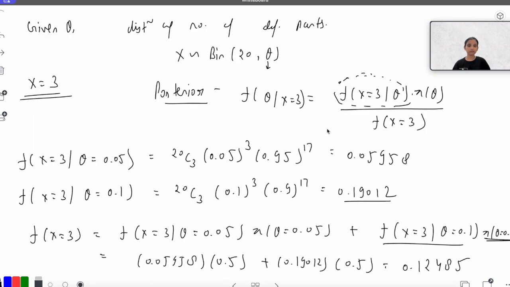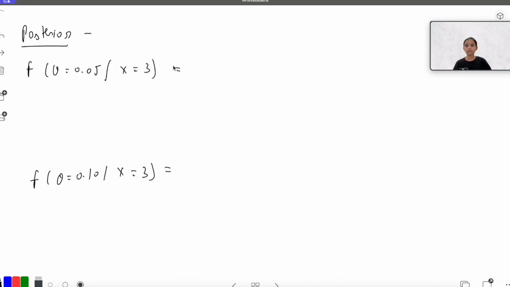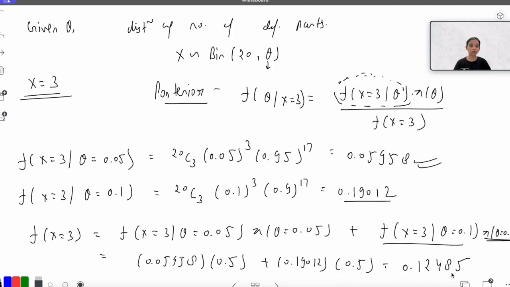By applying the formula, this likelihood, f of x equal to 3 given theta is equal to 0.05, which we have already calculated, 0.05958, into f of theta, which was 0.5, upon the marginal, that was 0.12485.